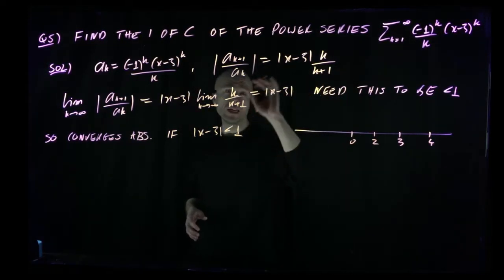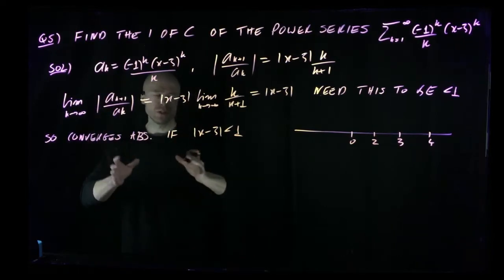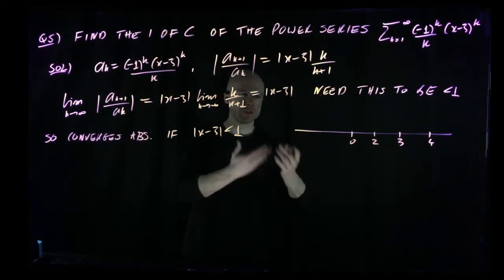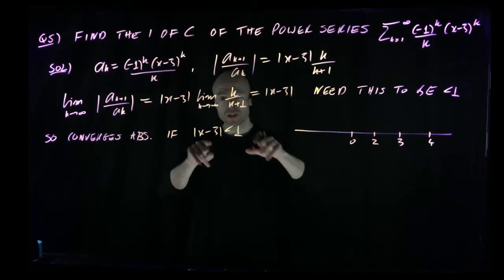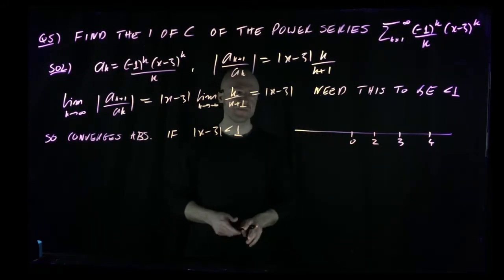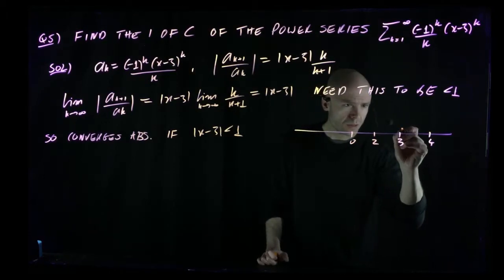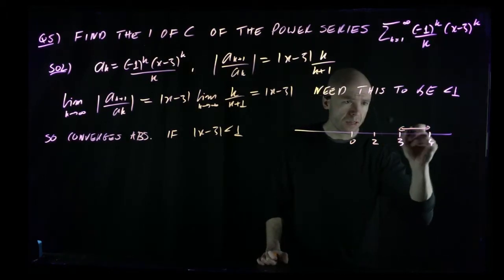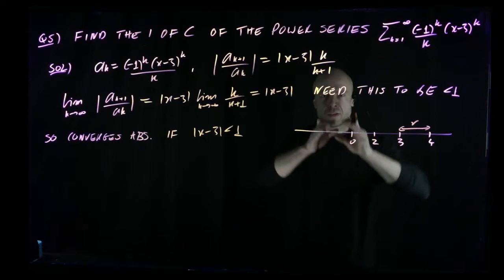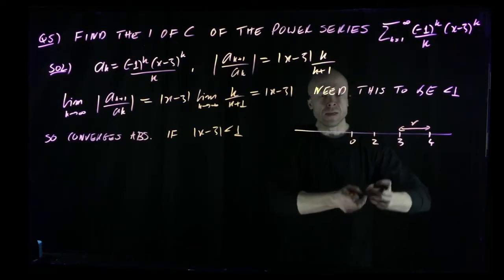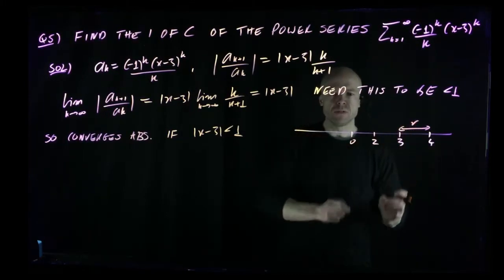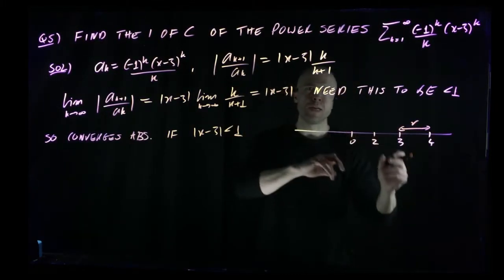But now we're looking for the interval of convergence. The interval of convergence is a set of points, whereas the radius of convergence is just a number. They're different things. We need to find the radius of convergence first to find the interval of convergence. If we call the center a, then the series converges absolutely between a minus r and a plus r.